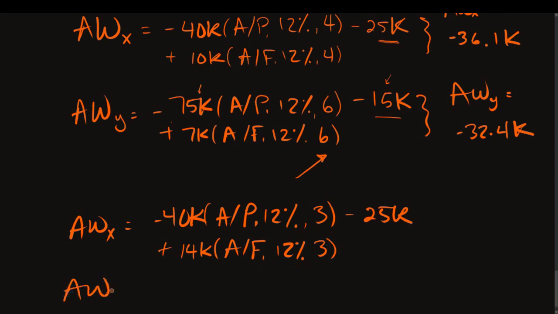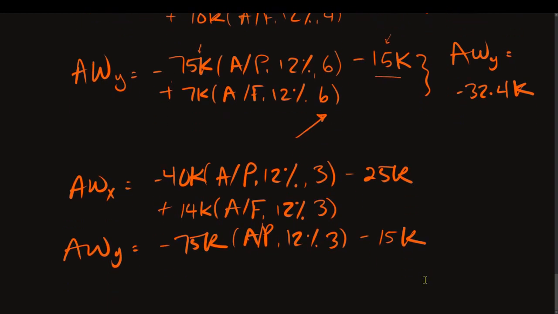And then AWY is minus 75K, so it's more expensive up front, and now it's not going to have as much time to catch up to its alternative because it's more expensive and it runs less, right, per year, but now we only have 3 years to evaluate that at 15K.